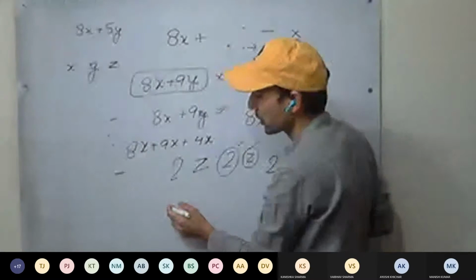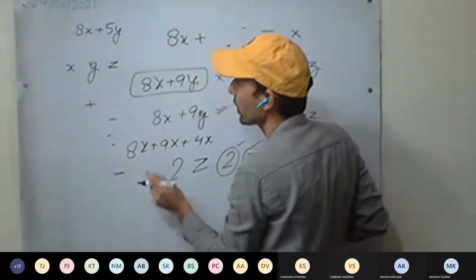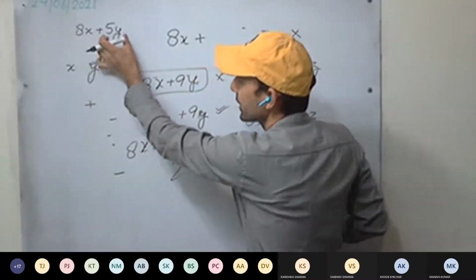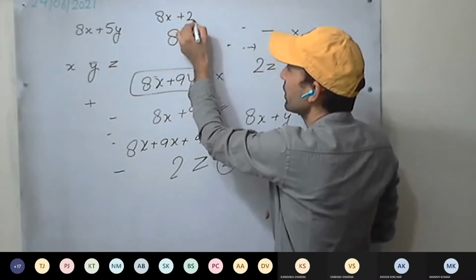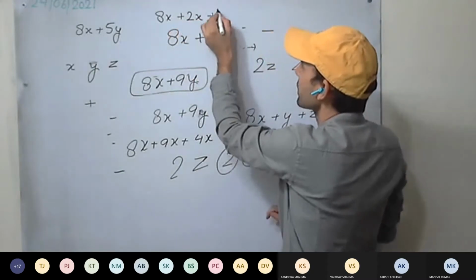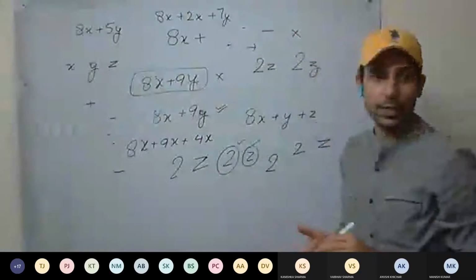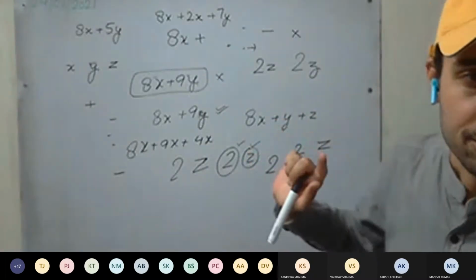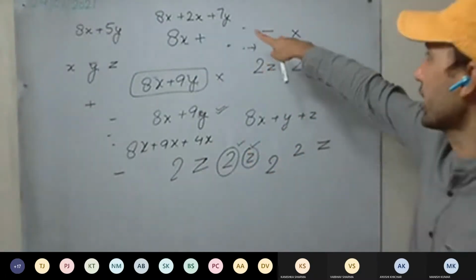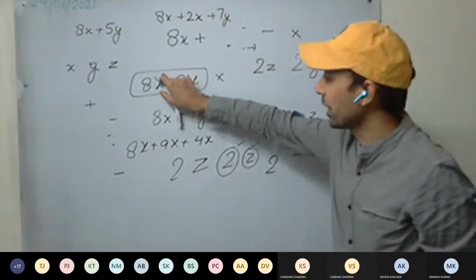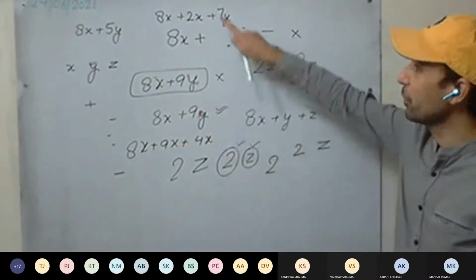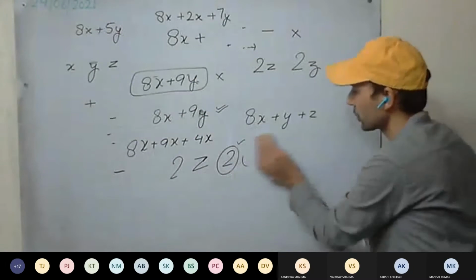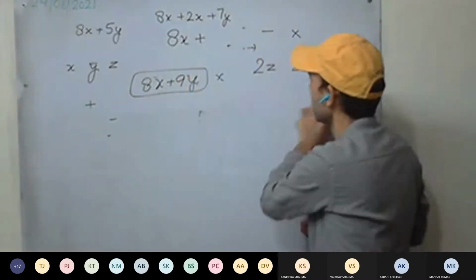Write a good size, and separate the terms: 8x, a little bit of space, plus 2x plus 7y. This is fine. The variables should be half the size of the constants. You will see it will be very easy to solve the equation.